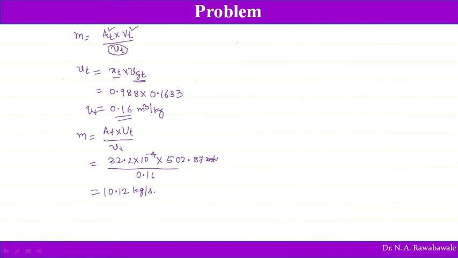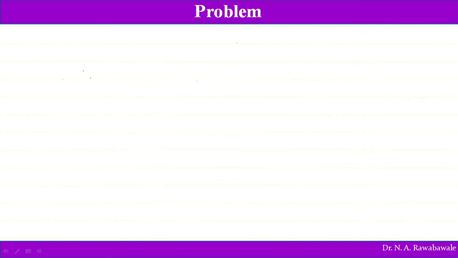Now we are supposed to find out velocity at exit. So one answer we obtained, mass flow rate of steam, is 10.12 kg per second. Now we want to find out velocity of steam at exit.